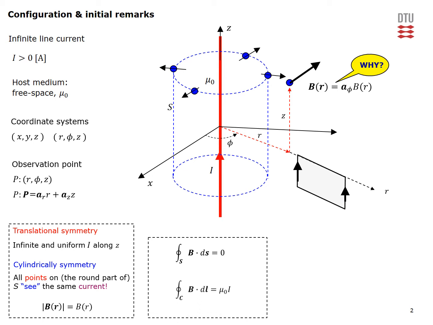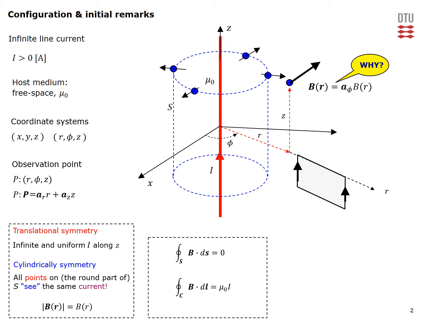Now, if we look at the second fundamental law, it states that the circulation of the B field along any closed path C is equal to free space permeability times the total current flowing along this path. Obviously, with those two z components here, there will be a circulation of the B field along this rectangular path over here.